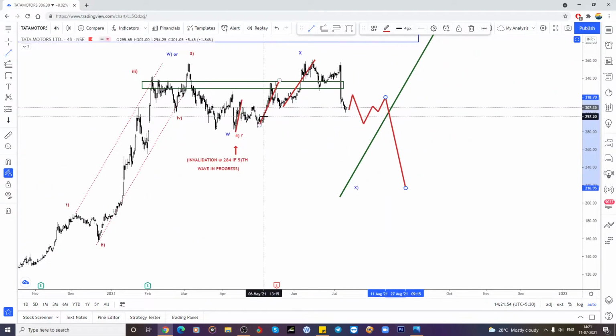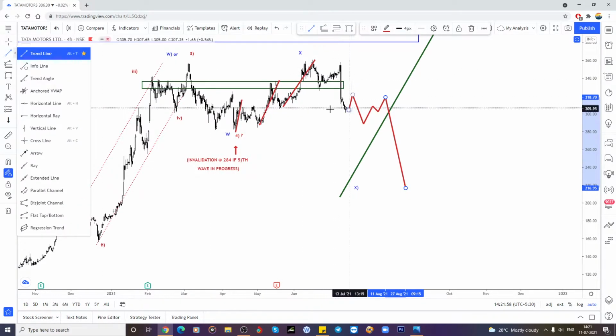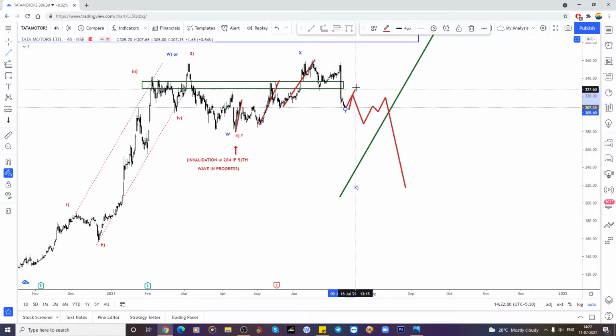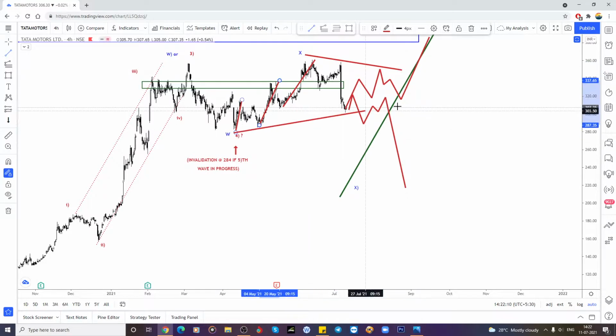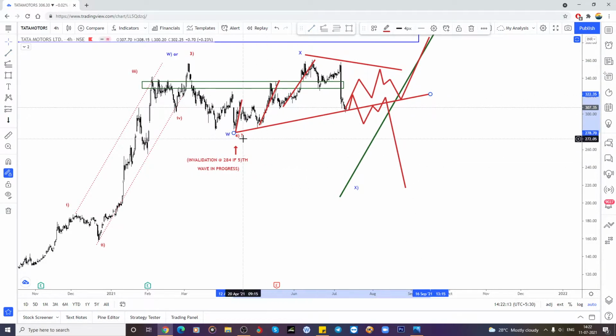So whether it is making a 3-wave structure, it could make a bounce from here also, and making this one more 3-wave structure and bounce also. That means this could be a triangle in that 4th wave.